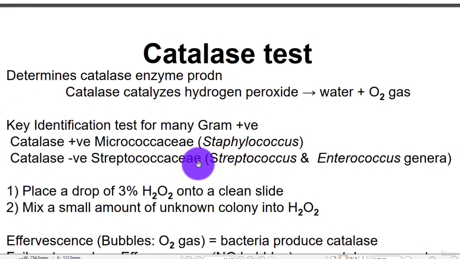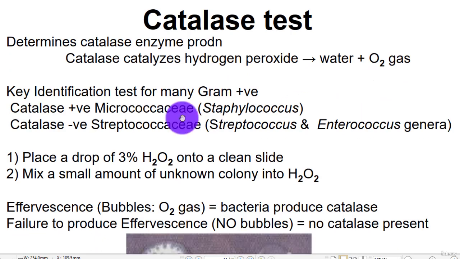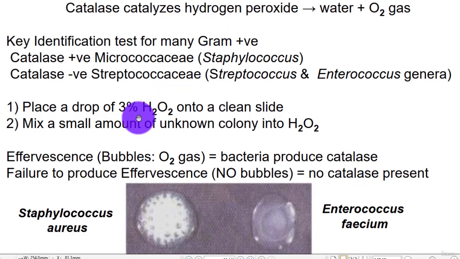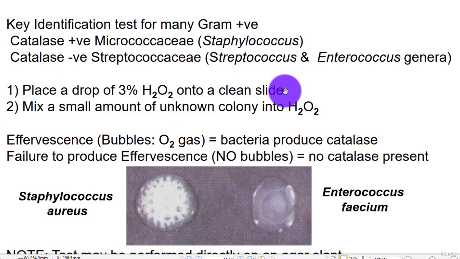Catalase test determines catalase enzyme production. Catalase catalyzes hydrogen peroxide to water and oxygen. It is a key identification test for many gram-positive organisms: catalase positive micrococci and staphylococcus, and catalase negative streptococcus and enterococcus.